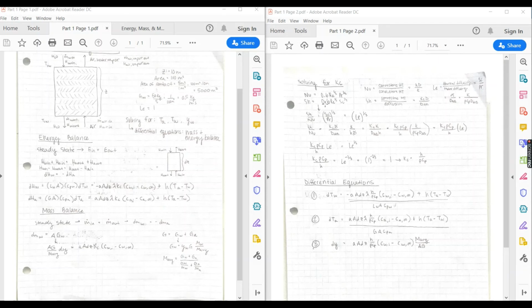we can rewrite the Sherwood number using the same relationship that we have with the Nusselt number. So this 0.6 times the Reynolds number.